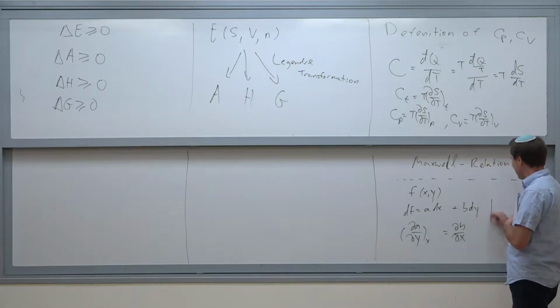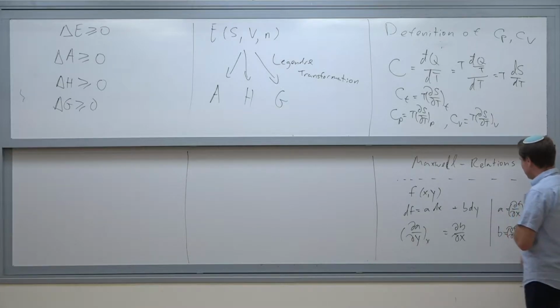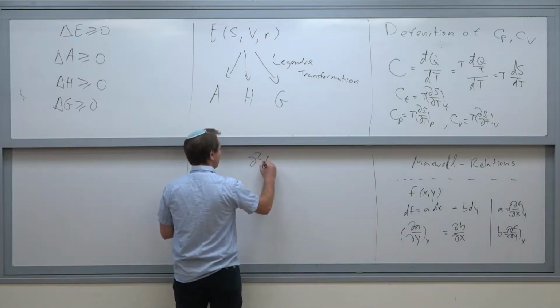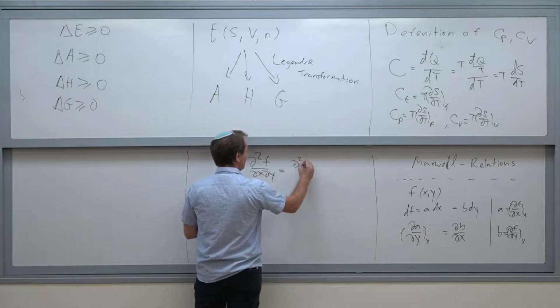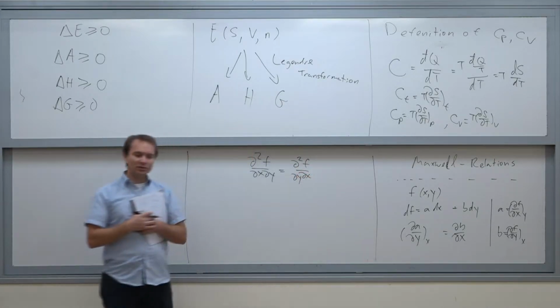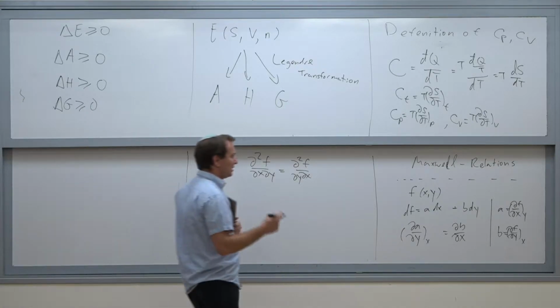One must remember that A is df/dx, keeping y constant, and B is df/dy, keeping x constant. So what I have used is that d²f/dxdy equals d²f/dydx. The order of differentiation doesn't matter as long as the derivatives are continuous.